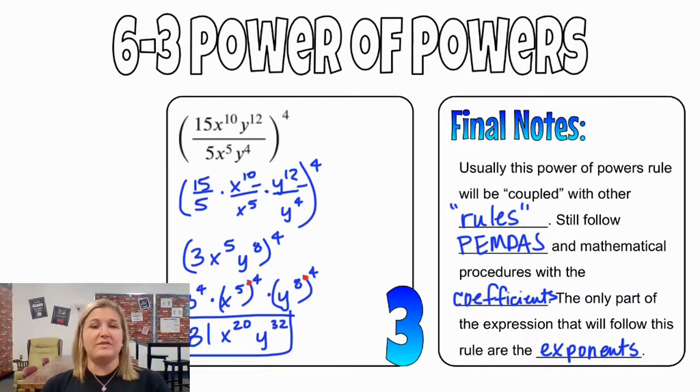If it's in parentheses, it's going to apply to the coefficient as well, but that coefficient is going to be raised to that power, and your powers are going to multiply together. Again, one more piece to this big puzzle of simplifying these expressions.